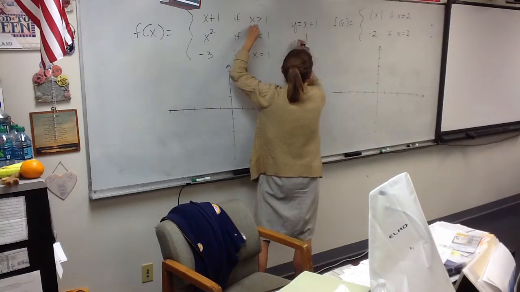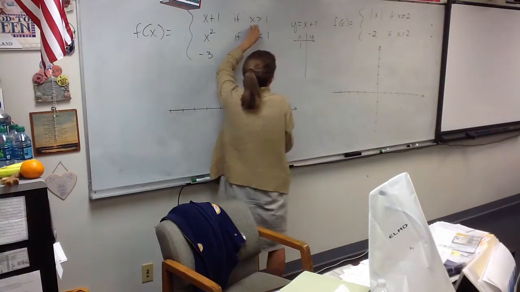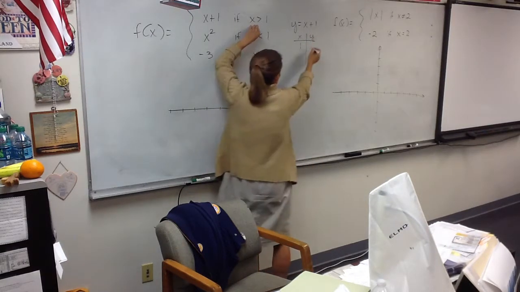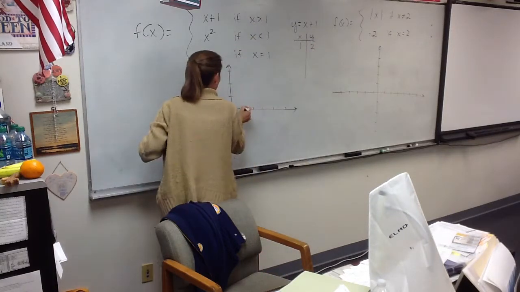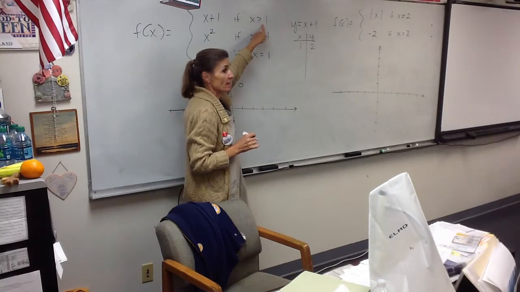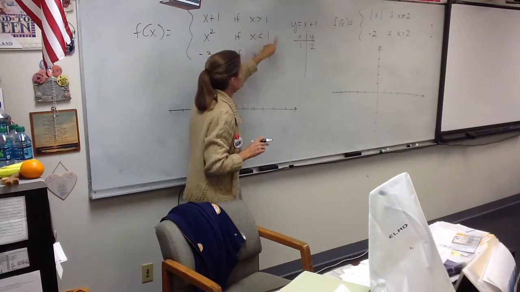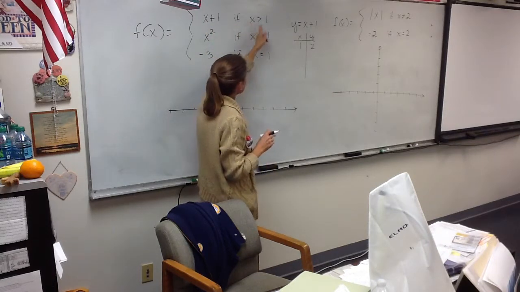So, if I set up a t-chart, I'm going to go ahead and let x be 1, and that would give me 2. But I'm going to plot that as an open circle, because that's a greater than, not an or equal to. So it's the same theme as we had before. I'm looking at just the top equation.